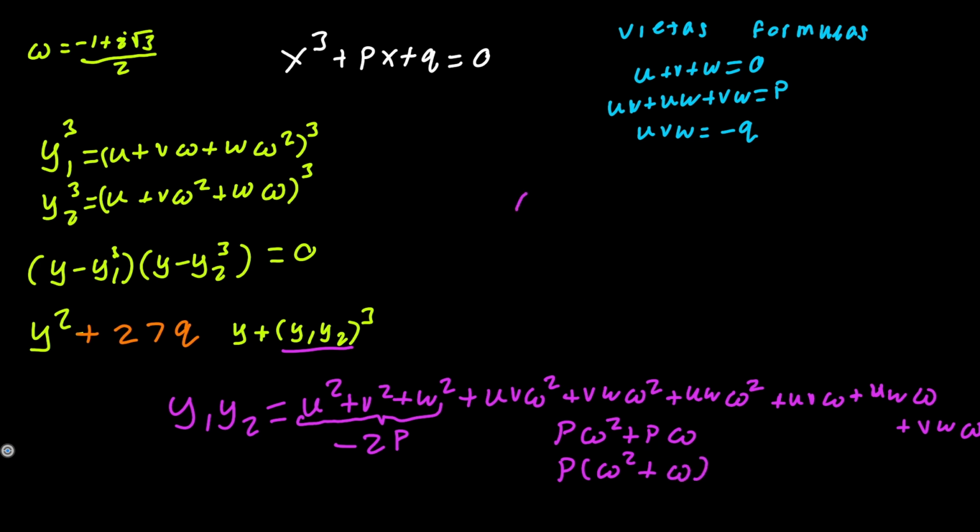Omega squared is equal to negative 1 minus i root 3 over 2. And omega is what we have here. So if we just add it all together, the i's will cancel out, and we will have negative 1 minus 1 all over 2, which is negative 2 over 2, which is negative 1. So we get that y1, y2 is equal to negative 3p.